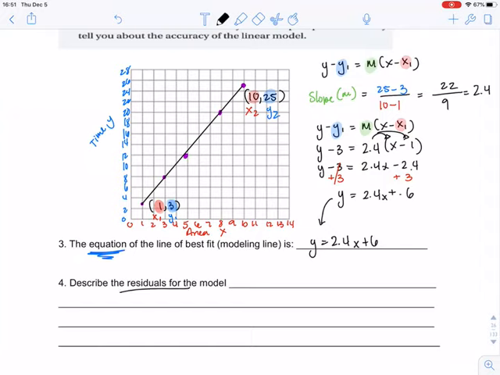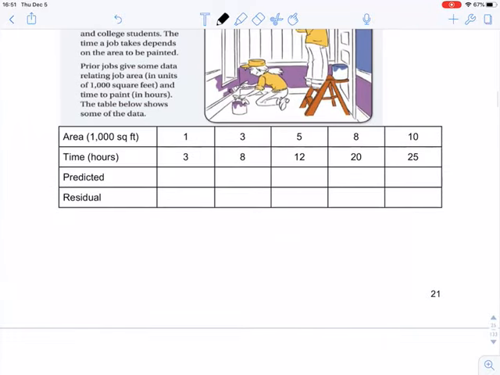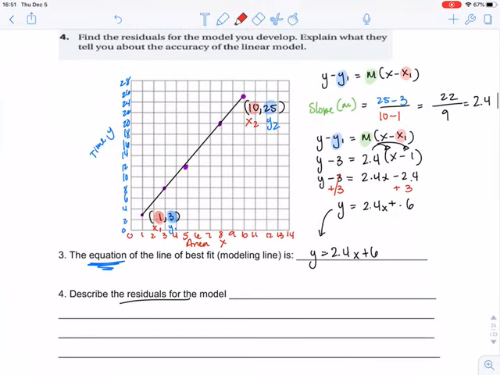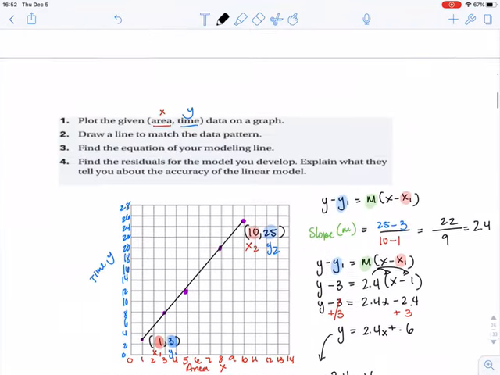Okay, it says describe the residuals, so that means I need to calculate my residuals. I'm going to use this equation here, and I'm going to input all of the x values from up here. So y equals 2.4 times 1 plus 0.6.